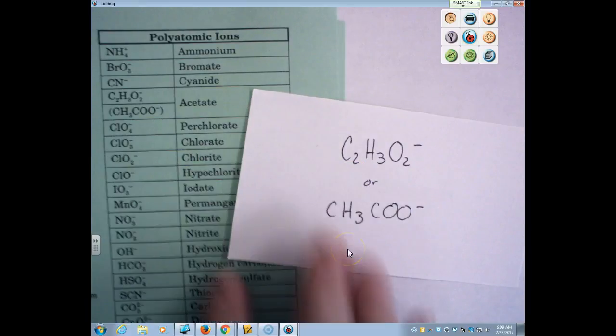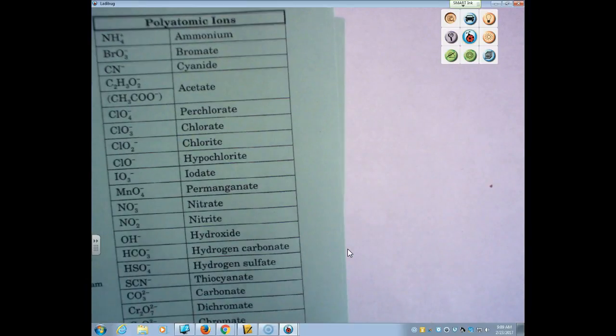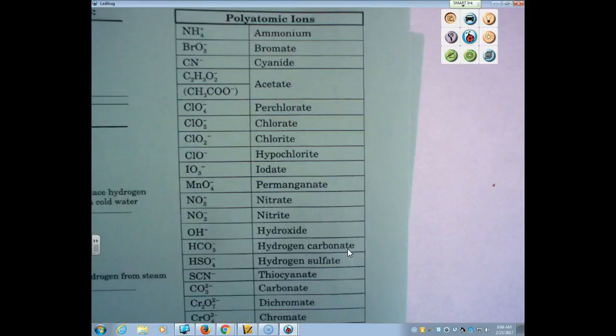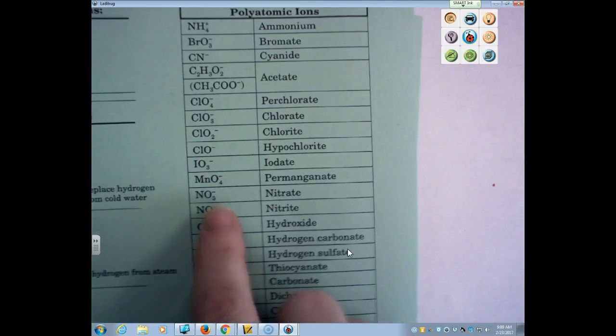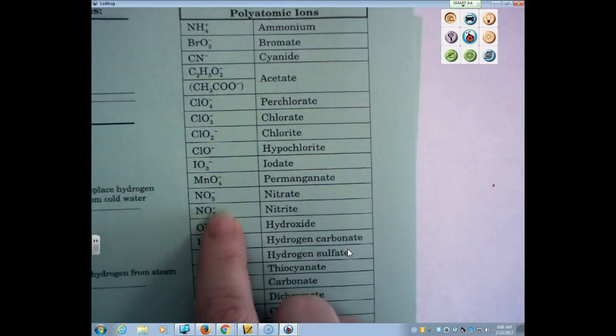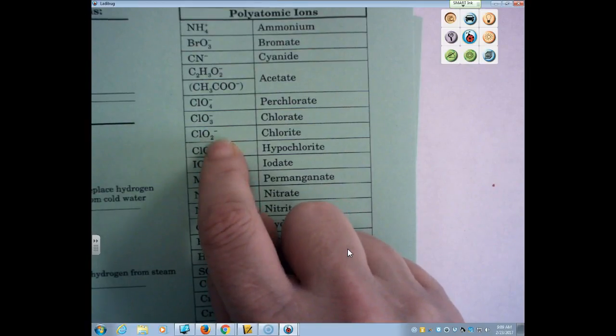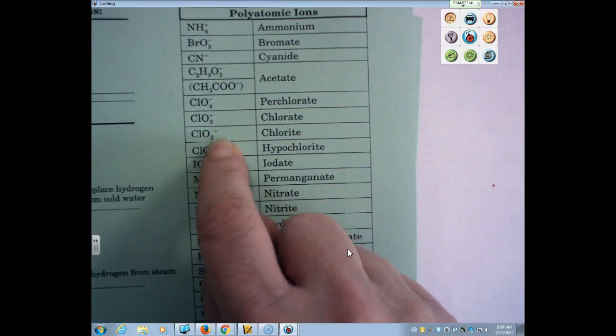One thing I would like to point out is the difference maybe between an "-ate" and an "-ite." Now, they don't always have the same number of oxygens, but an "-ate" always has one more oxygen than an "-ite." That's true here. If we look at chlorate and chlorite, the "-ate" version has one more oxygen than the "-ite" version.